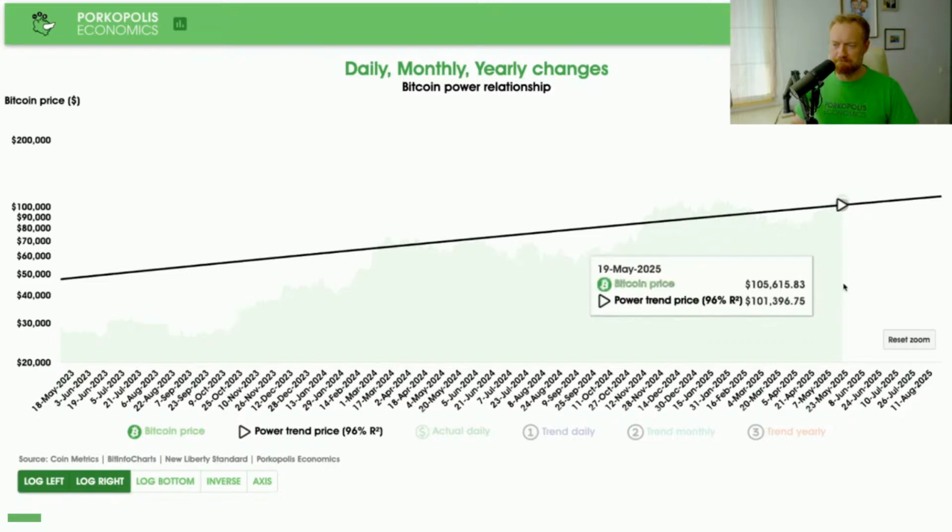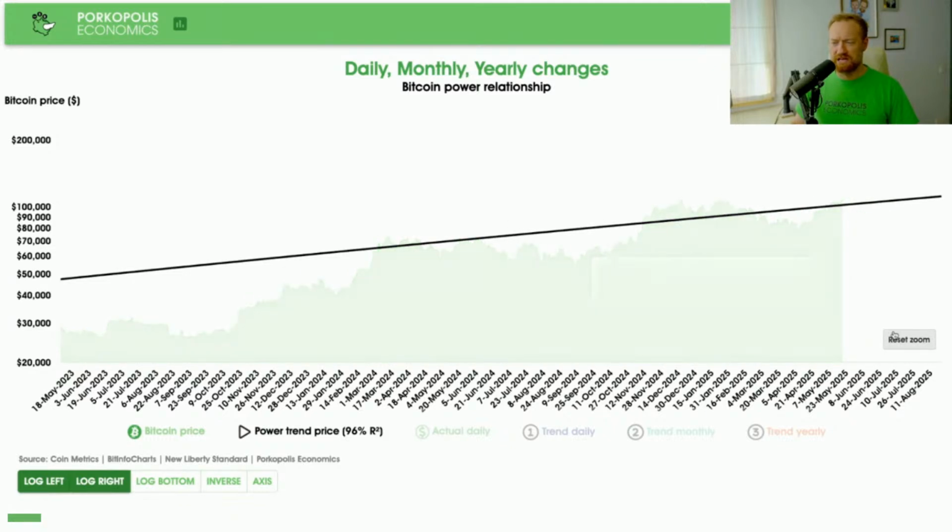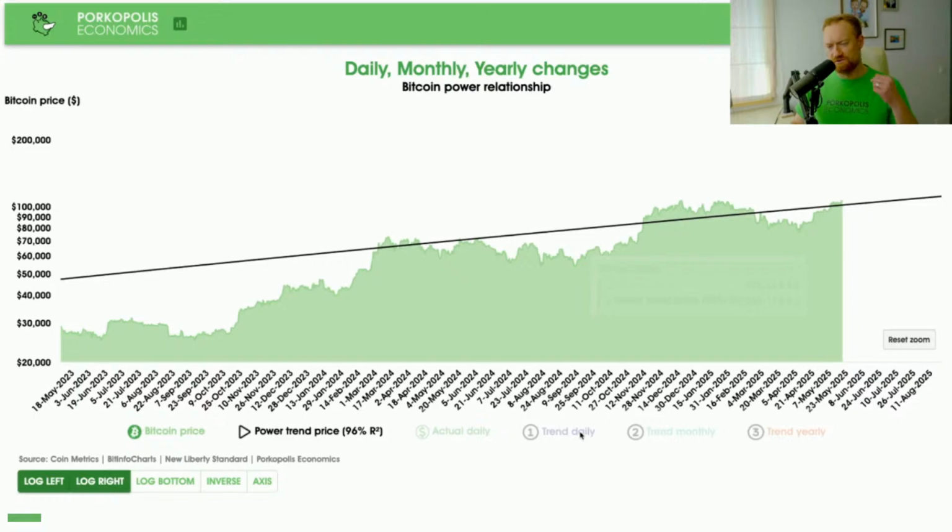But if we look at yesterday to today, 101,396 to 101,495, it's roughly a $100 change. So let's start to display this on the chart. This is going to be number 1 here, and this is the daily price change over time.